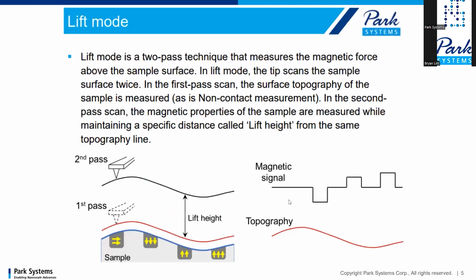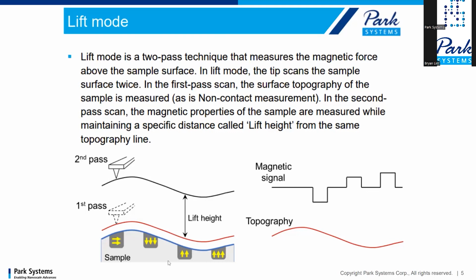Like I said, lift mode is a two-pass technique. In lift mode, the tip scans the sample surface twice. The first pass is the topography. Then on the second pass, it lifts up to a lift height that we input in the software, and it follows the sample surface features. During this second pass, it gathers the magnetic signal.